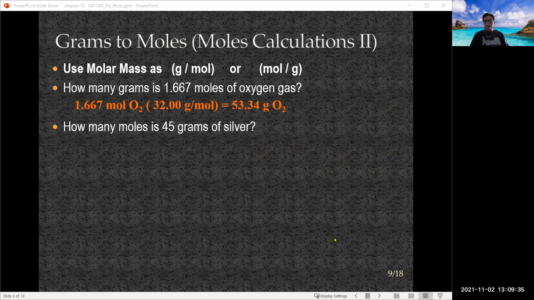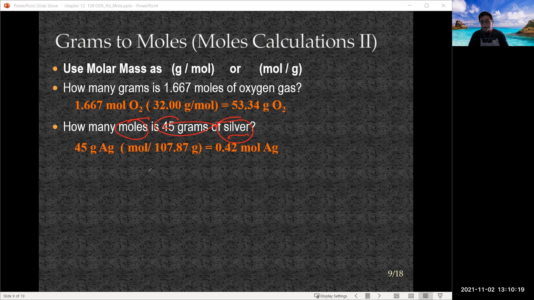All right, here's another one. Here we're asked to calculate the number of moles if you have 45 grams of silver. So for silver, we're going to need to look up the atomic weight, because we're going from grams to moles. The periodic table tells me that the atomic weight of silver is 107.87 grams.